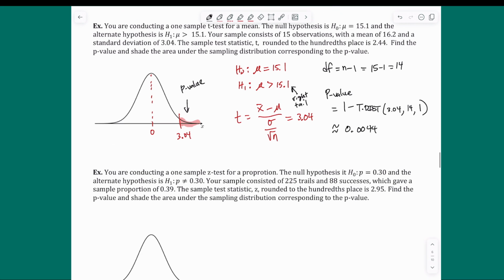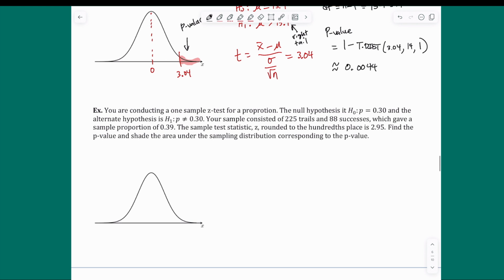All right, let's try one more example here that calculates the p-value. So you are conducting a one sample z-test for a proportion. The null hypothesis is H0, the proportion p equals 0.30, and the alternate hypothesis is p is not equal to 0.30.